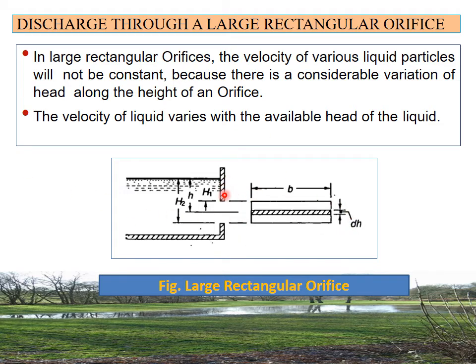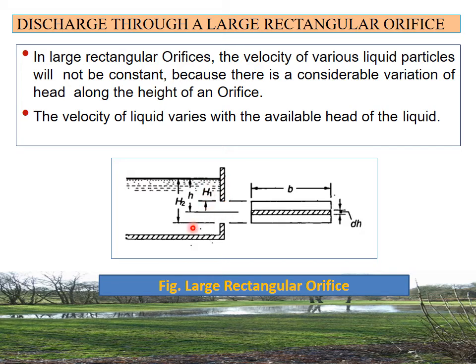It is a sharp-edged orifice, with a liquid level above it, and water will be flowing out through it. From the top of the orifice to the free surface, the water height will be h1.